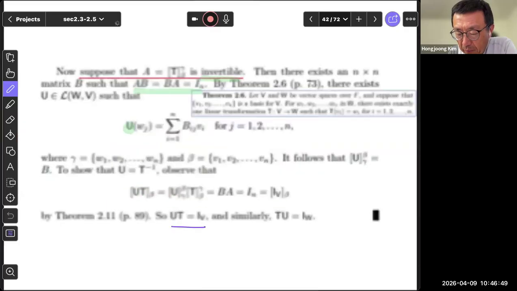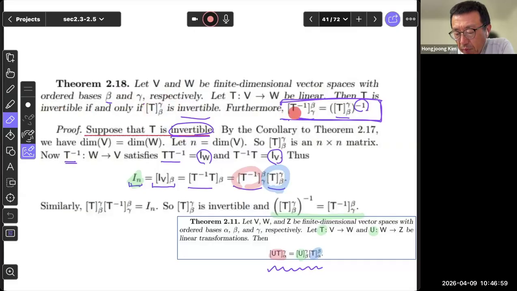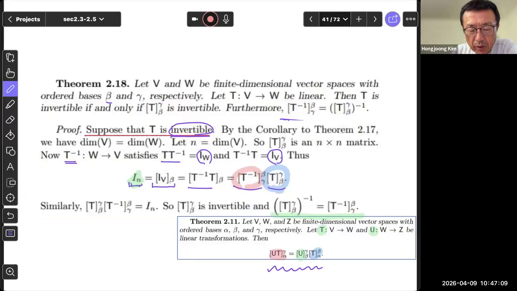Okay, then let me go back to this one more time. So in theorem 2.18, I have this conclusion here. So later, we will study how to find the inverse of a matrix.